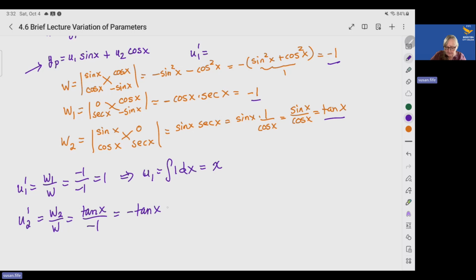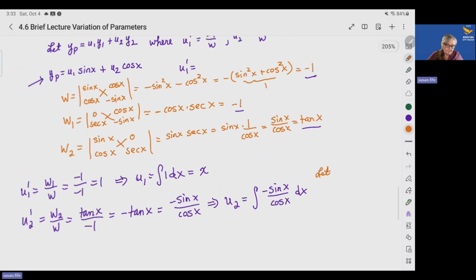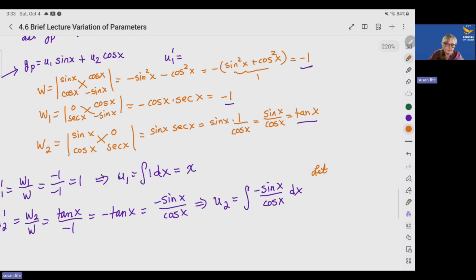Maybe I should have left that as negative sine x over cosine x, because that way when I solve for U2, by integrating negative sine x over cosine x, I can let, I don't want to use u because we're using u's up here for u1 and u2.